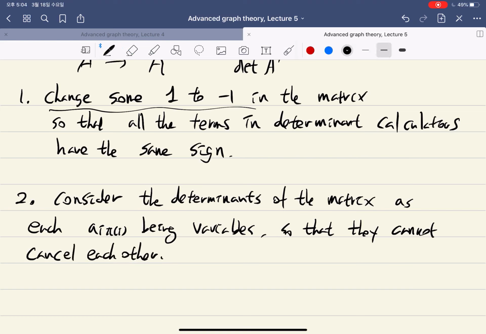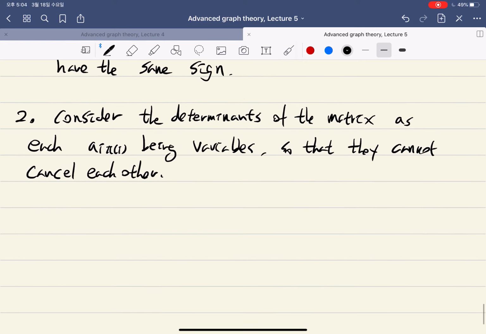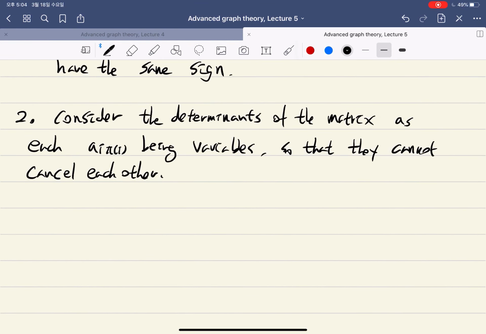And then use that somehow to get some information about perfect matchings in the graph. We may not be able to count the perfect matchings, but can this tell us something about the graph?